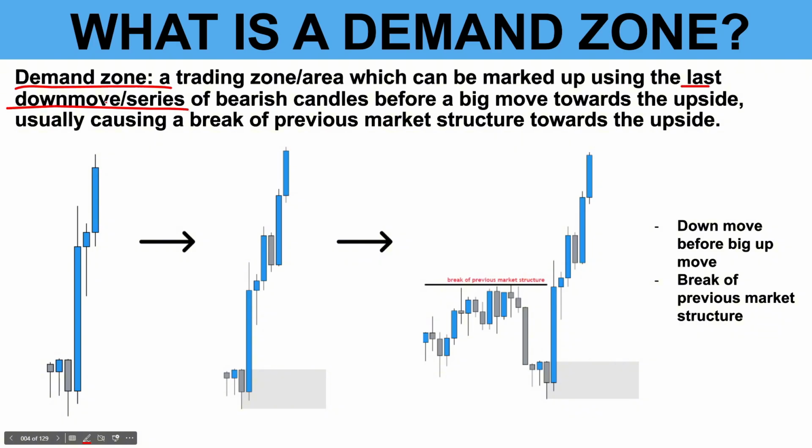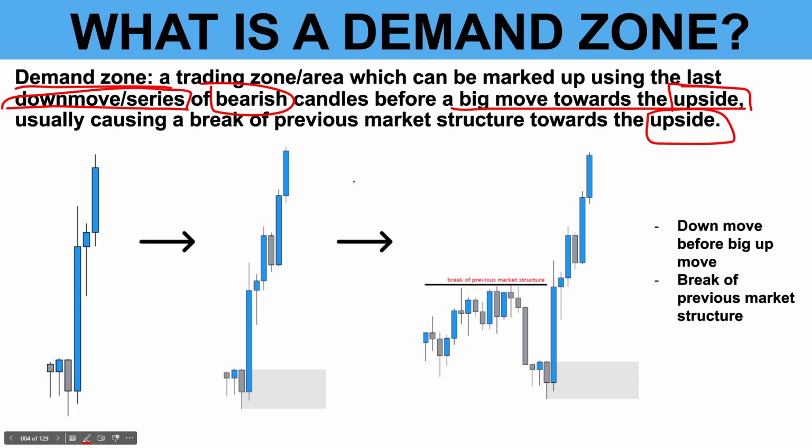Key difference here: the last down move or the last series of bearish candles before a big move towards the upside. So I'll box in the words which are different, right? Down move or series of bearish candles, usually causing a break of previous market structure towards the what? Towards the upside. So not towards the downside.